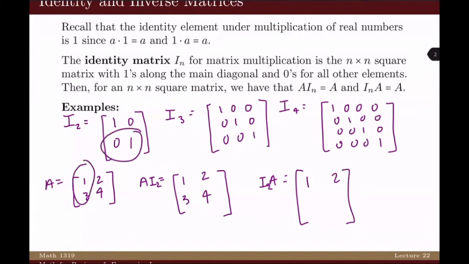So 0 times 1 is 0, 1 times 3 is 3. And finally, we will do row 2 with column 2. So we get 0 times 2 is 0, 1 times 4 is 4. So you can see that A multiplied by the identity is equal to the identity multiplied by A is equal to A. Not too bad, right?